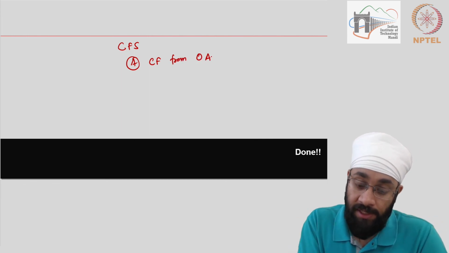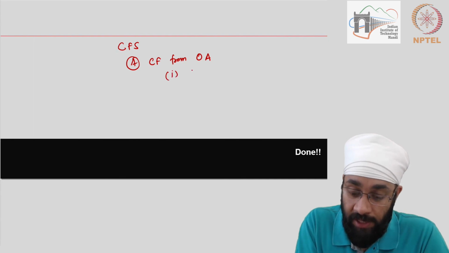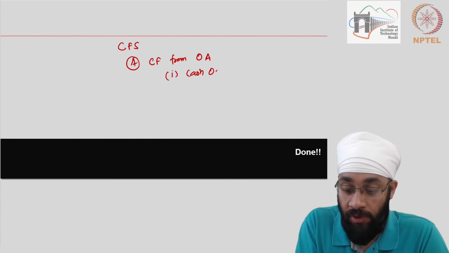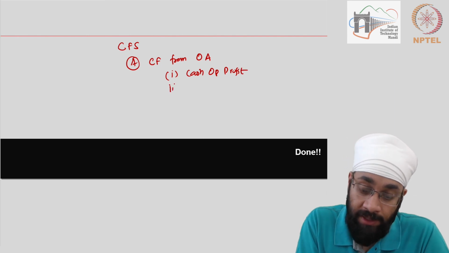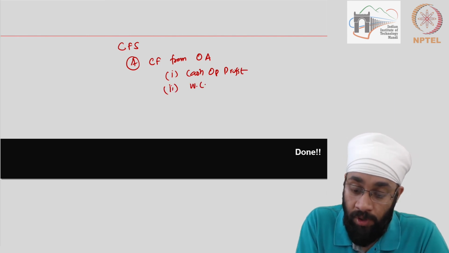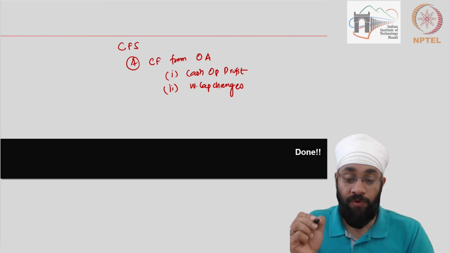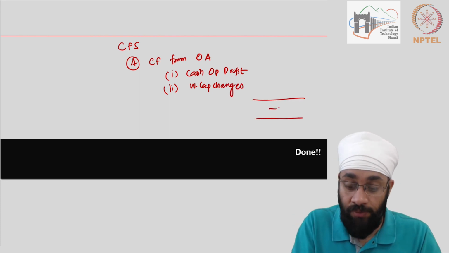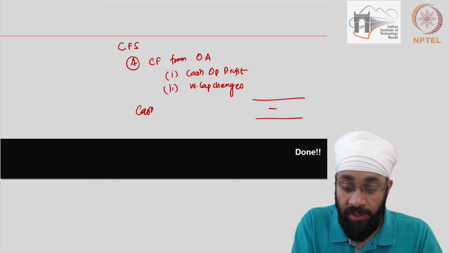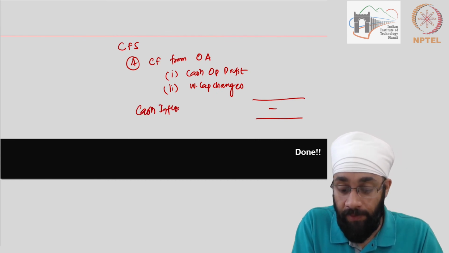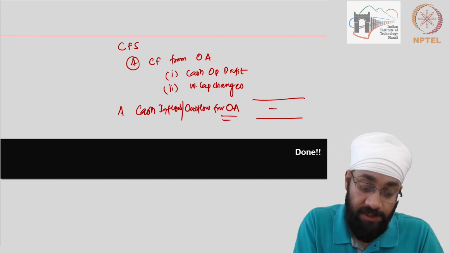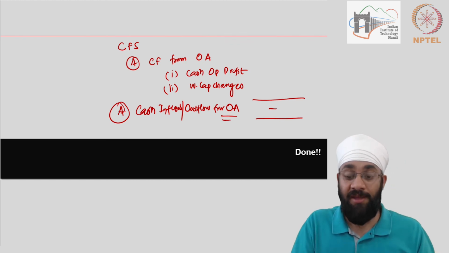Just to summarize, the first thing is the cash operating profit that you calculated, and then you made some working capital changes. That is the overall structure, and this gives you the number which is cash inflow or outflow from the operating activities of the business. This is the result of section A.